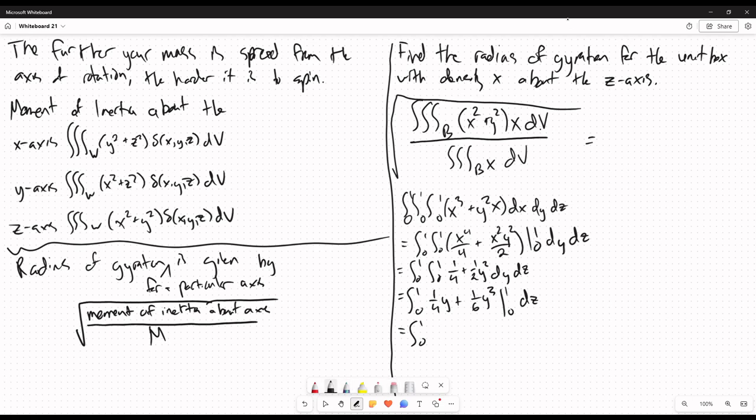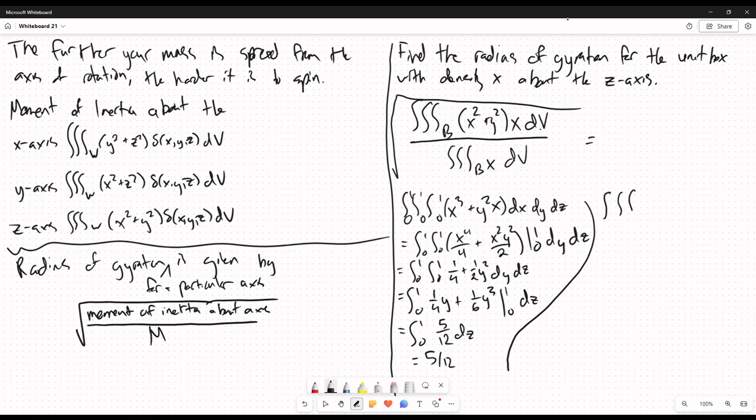That's 3 over 12 plus 2 over 12, that's 5/12, dz. And the integral from 0 to 1 of 5/12 is just going to be 5/12. So that is my moment of inertia. And now I'm going to divide that by the mass.